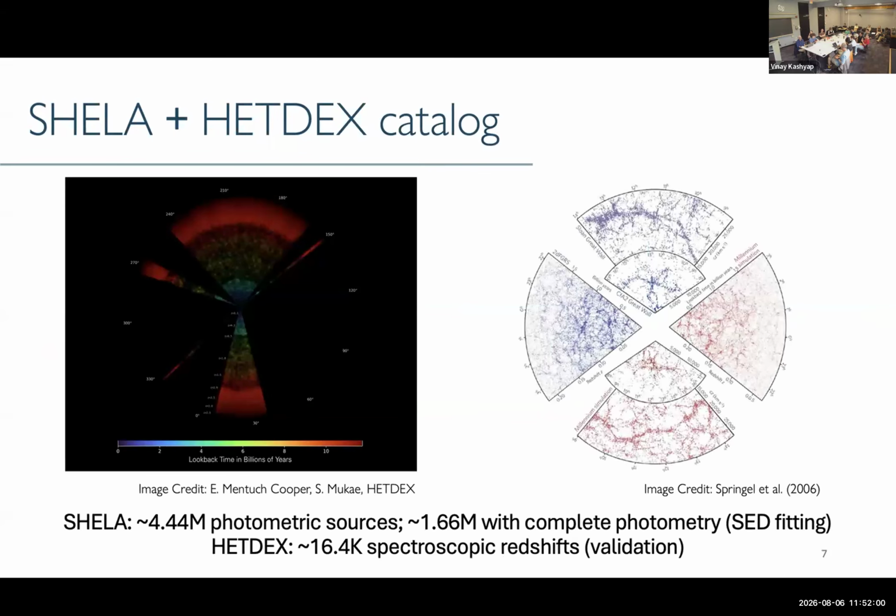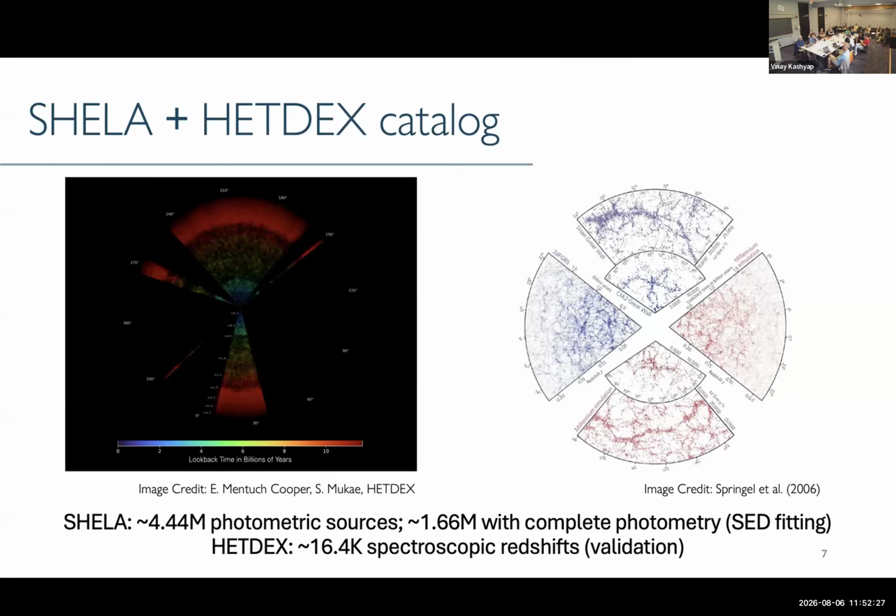So I also want to discuss SHELA plus HETDEX. SHELA is a photometric catalog, whereas HETDEX is a spectroscopic survey. SHELA has about 4.44 million photometric sources, and among these, about 16K sources have spectra, and we are able to get spectroscopic redshifts from them.